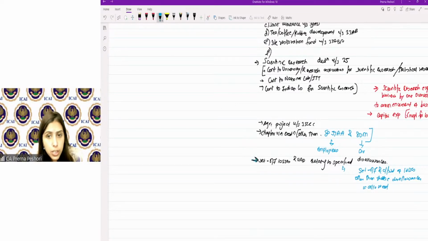For an individual, 115BAC was the default tax regime, and he had to exercise the option to go with the normal rates of tax. Here, 115BAB is the optional regime and you have to specifically opt in for that. Any doubt, any questions so far?